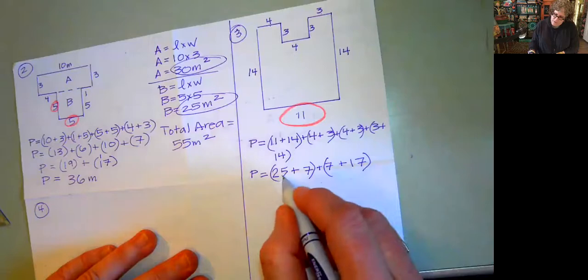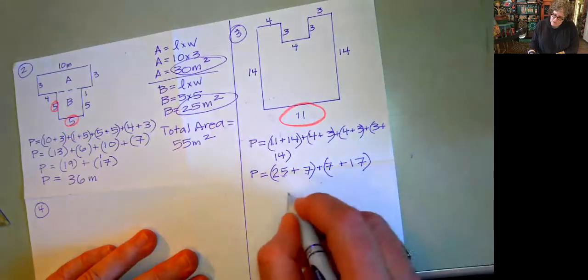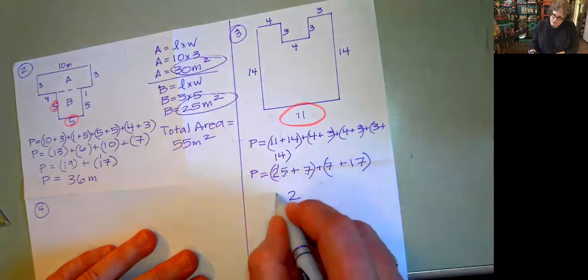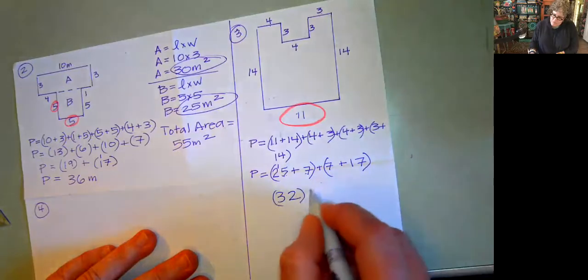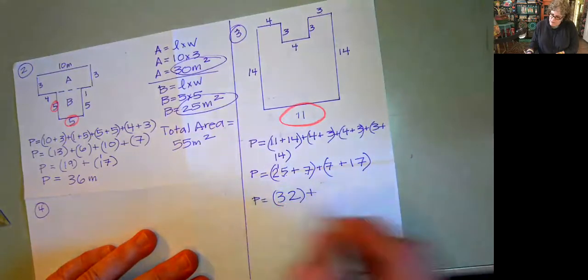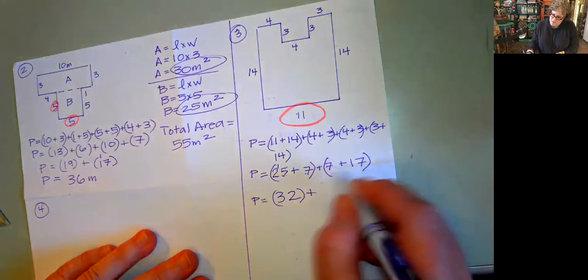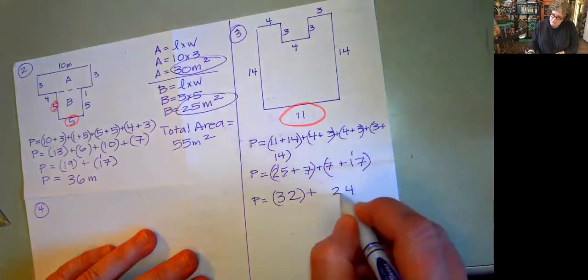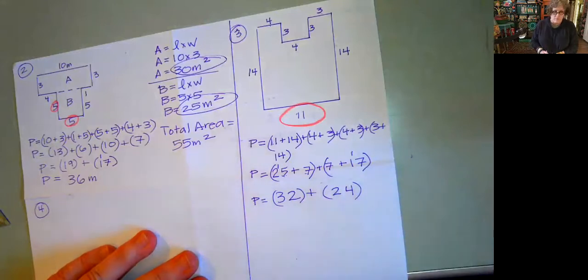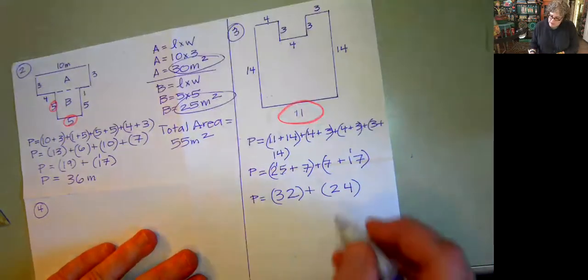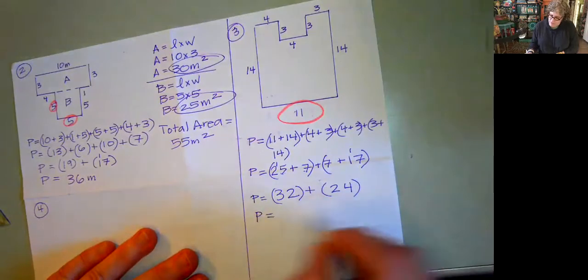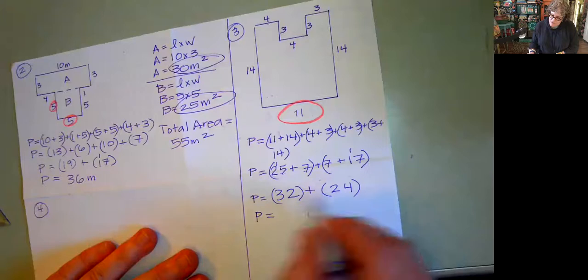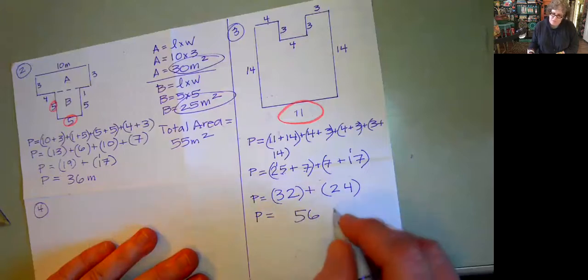I know that 5 plus 7 is 12, and I regroup and I get 32. And I know that 7 plus 7 is 14, and I regroup. And I know that 4 plus 2 is 6, and 2 plus 3 is 5, so I get 56.